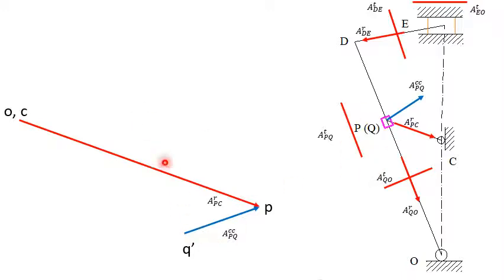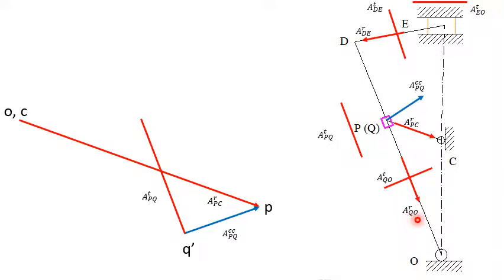I don't know the magnitude and direction of this tangential acceleration, so simply draw one line like this. This line represents tangential acceleration of P with respect to Q. So coming to the next set of acceleration, first we have to choose radial acceleration, that is radial acceleration of Q with respect to O.